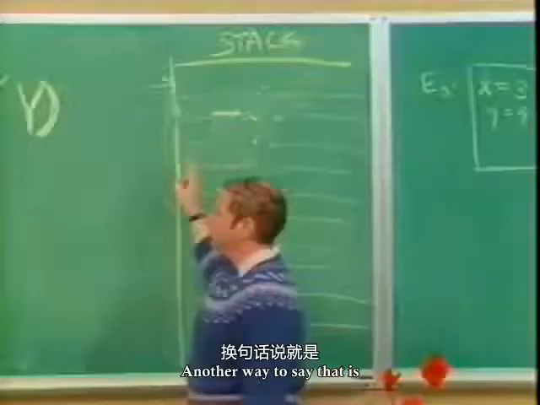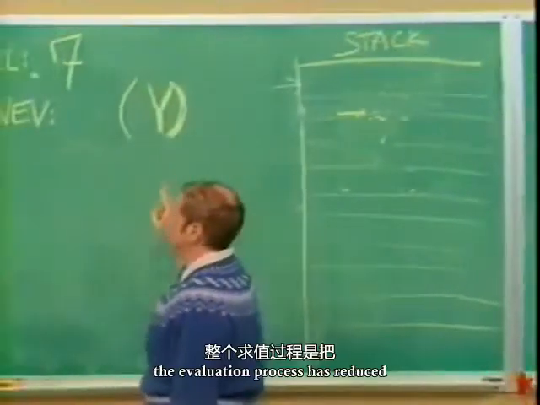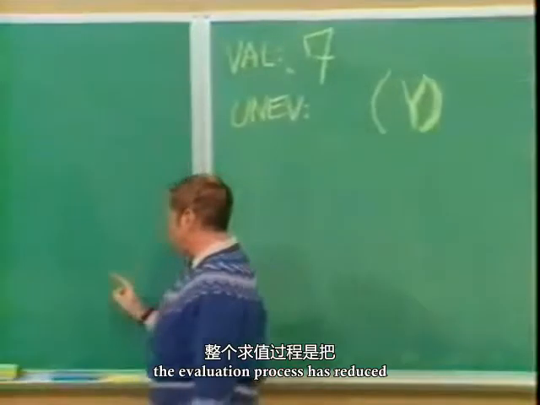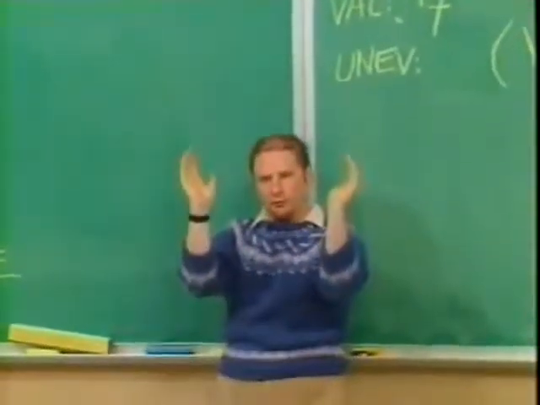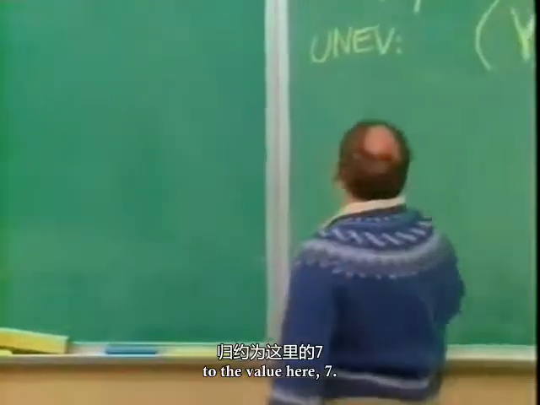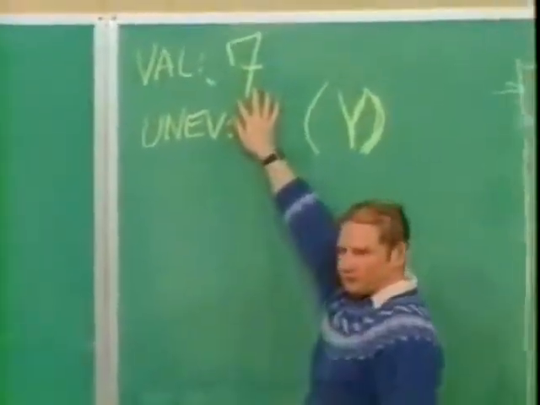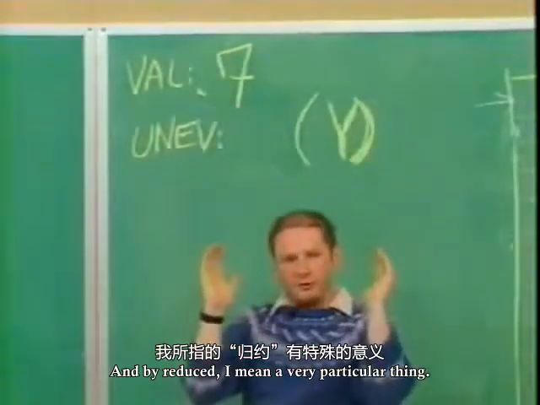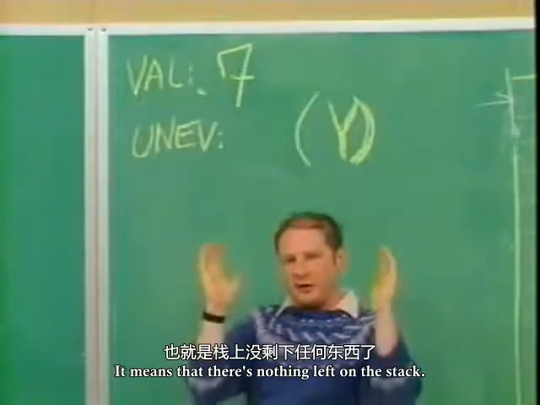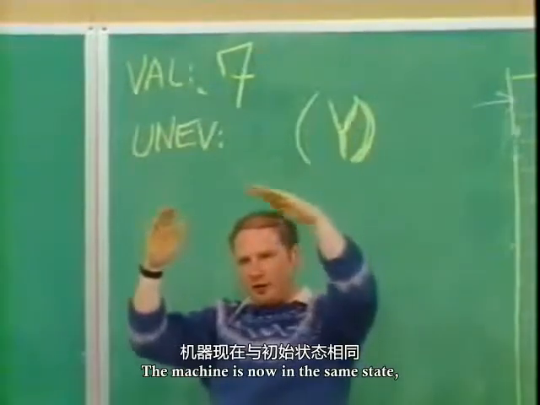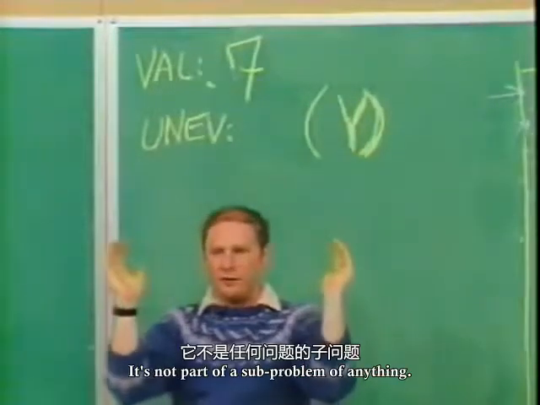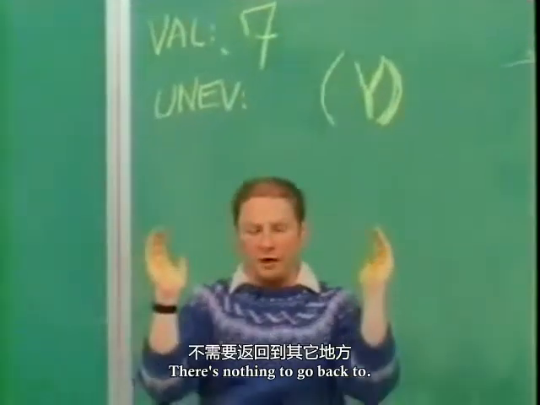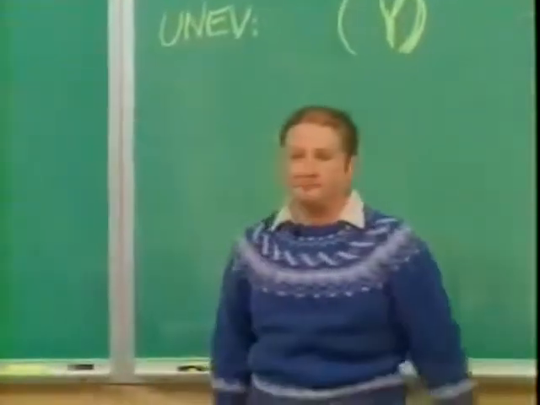Another way to say that is the evaluation process has reduced the expression plus x y to the value here, 7. And by reduced, I mean a very particular thing. It means that there's nothing left on the stack. The machine is now in the same state, except there's something in the value register. It's not part of a subproblem of anything. There's nothing to go back to. Okay, let's break.